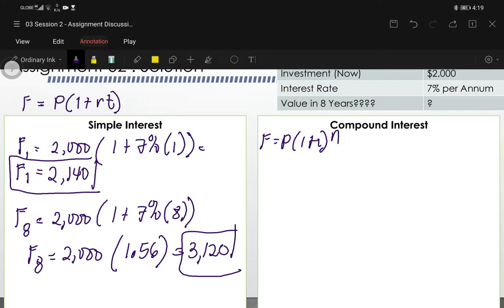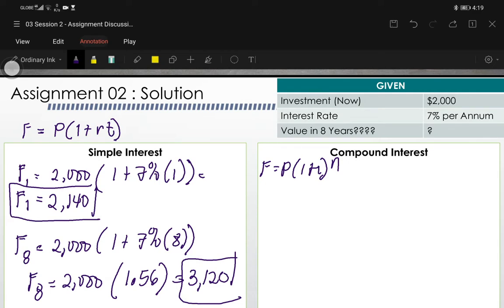So let's compute first the value of your investment at the end of the first year. F1 is equal to 2,000 multiplied by 1.07 to the power of 1. 1.07 because the I is 7% plus 1, that is 1.07.